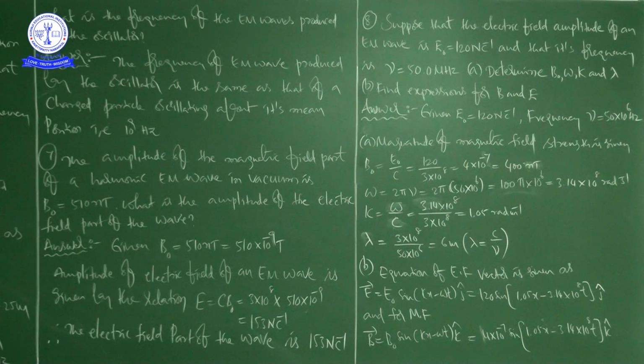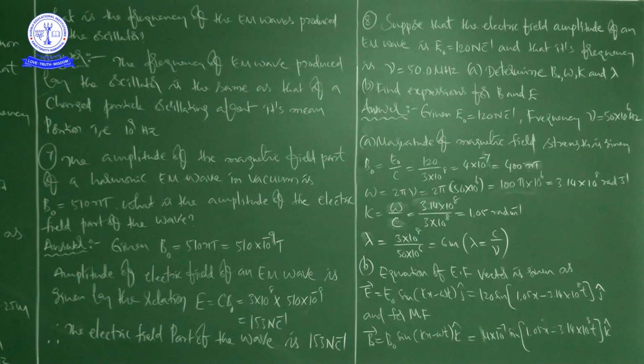Next, omega is the angular frequency. Next, K, propagation constant, and lambda, wavelength. So he is asking to find four quantities: B naught, omega, K, and lambda, that is the amplitude of the magnetic field part, angular frequency, propagation constant, and wavelength.